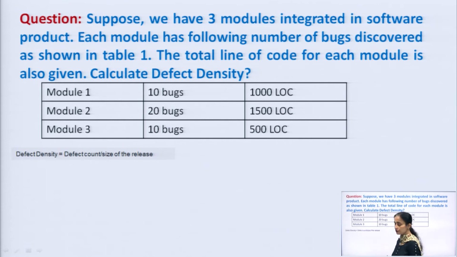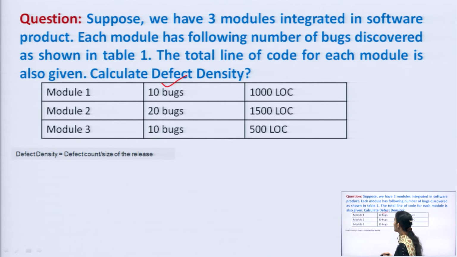Suppose we have three modules that are to be integrated in my software. Every module has some number of bugs discovered, as in the table given. Then the lines of code for every module is also given. Now we have to calculate the defect density.